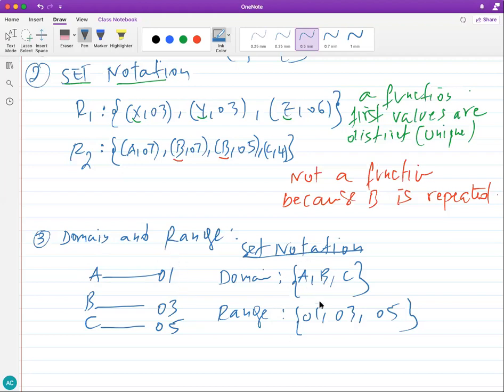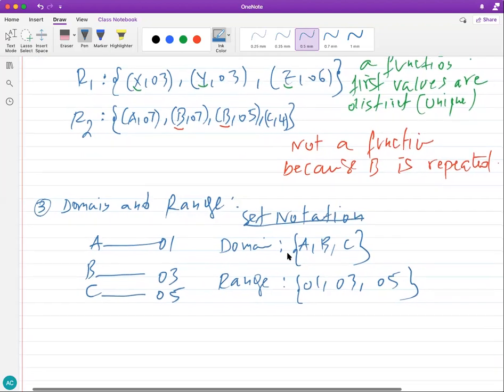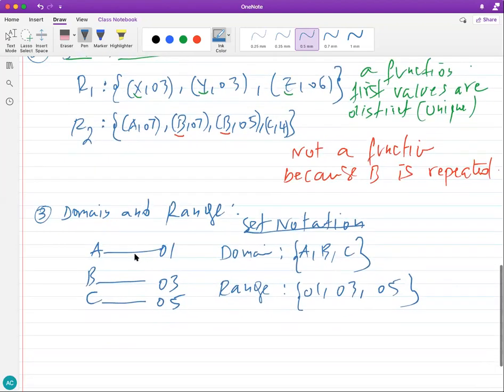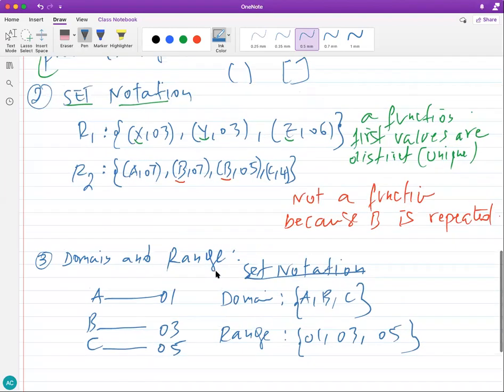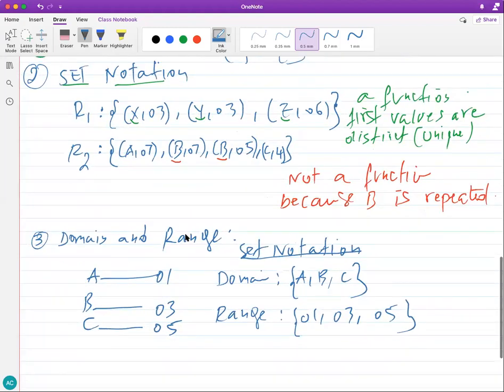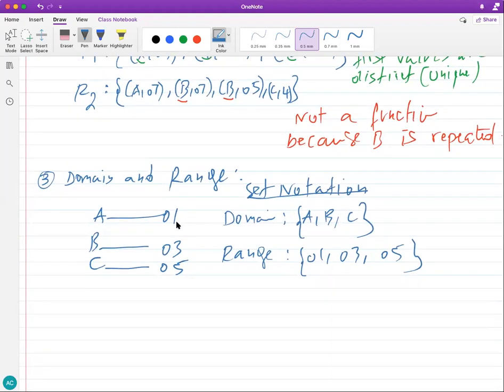And you can write them together here. So basically, instead of writing two groups linked together like this, we can write them separately here. But then in that case, if you have a domain and a range in set notation, how would you know which domain goes to which range?